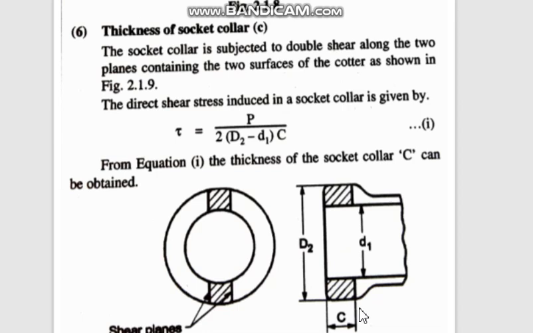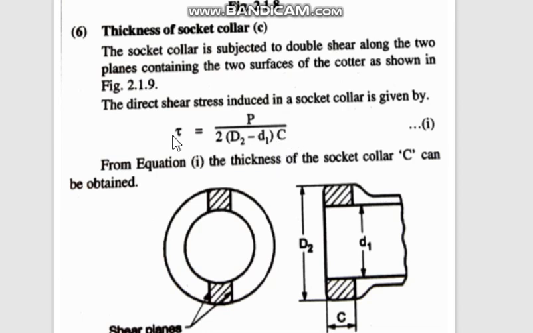Another side is C, and it is failing in two planes, that means here also and here also. So the total area will be 2 times (D2 minus d1) into C. This will be the area.